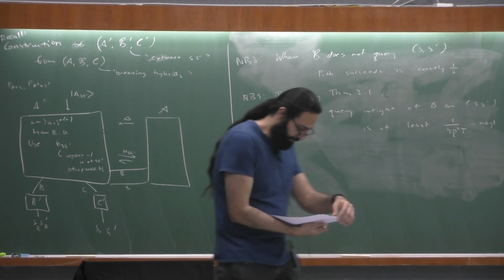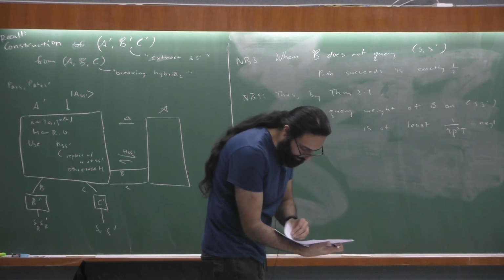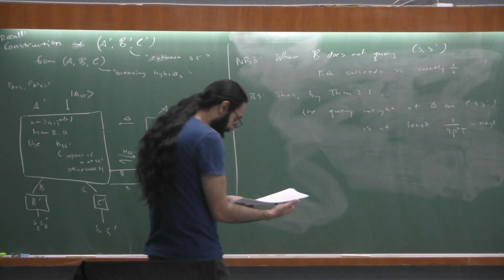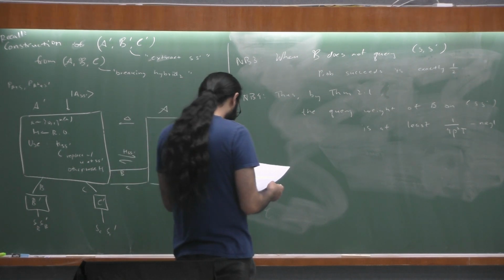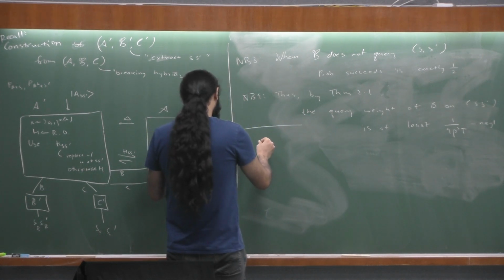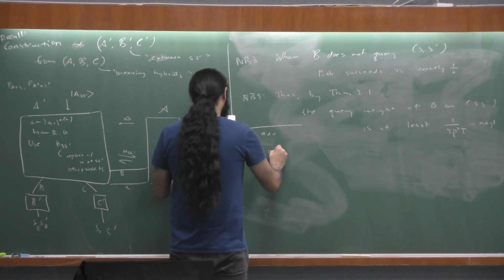Okay, so let's write the theorem. I think I'm just confusing you with hand waving. You can see the theorem, right? The theorem is saying that if you have an adversary A that accesses an oracle H, this is the adversary, this is the oracle.